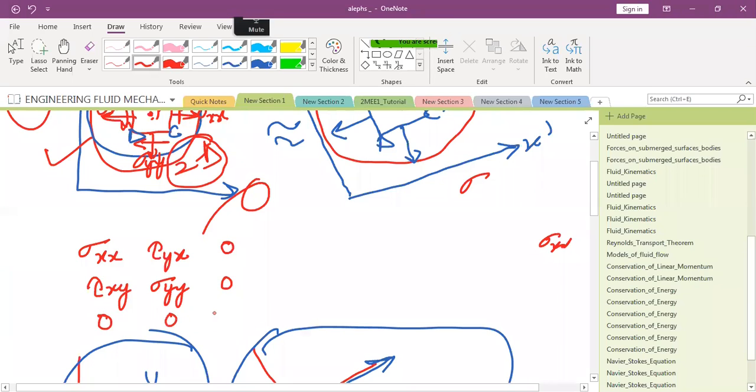Tau yz is also 0, sigma zz is also 0. This is the matrix for this configuration.